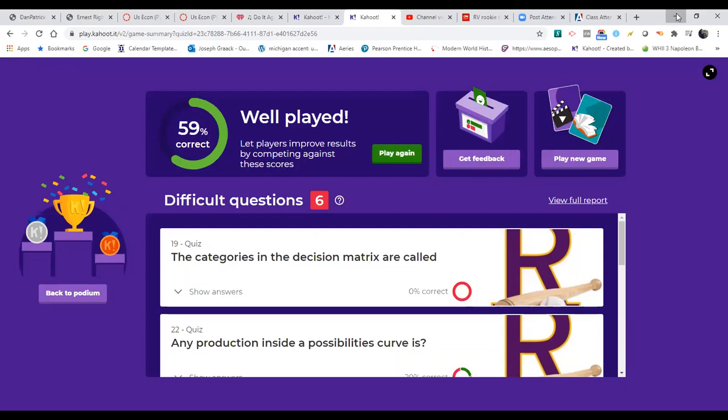In large purchases, something like a house, something like a car, something that's going to be a few $1,000s or more, you would want to do what's called a decision matrix.